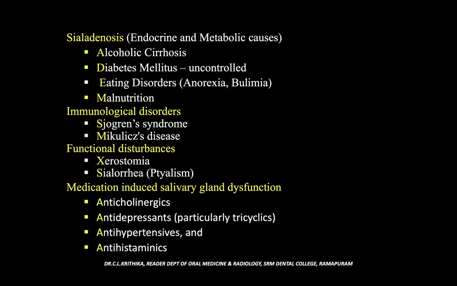Next is sialadenosis, which includes the endocrine and metabolic causes. The other causes for sialadenosis are alcoholic cirrhosis, uncontrolled diabetes mellitus, eating disorders like anorexia and bulimia, and malnutrition. Next is the immunologic disorders, which includes Sjogren's syndrome and Mikulicz's disease.